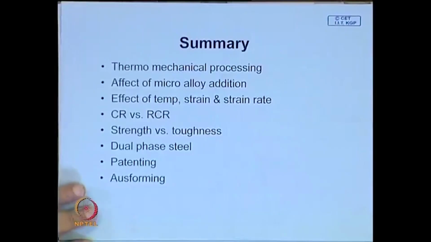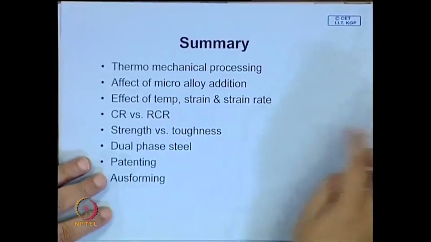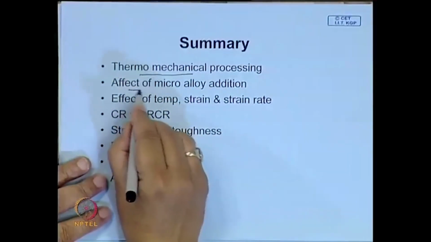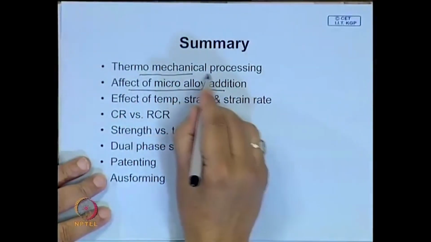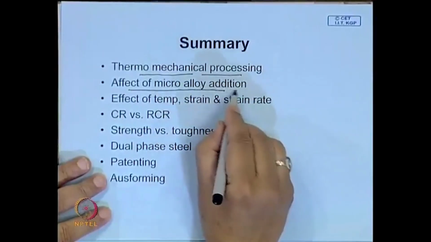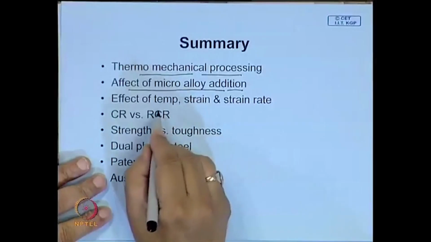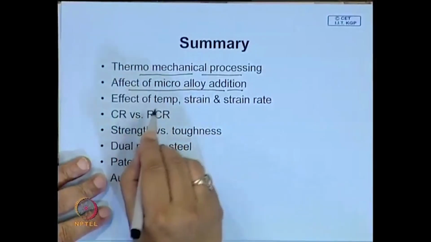So, today what we have looked at primarily is thermomechanical processing and how, by adding microalloy additions, it is possible to retain very fine austenite grain size in which fine ferrite grains can develop.